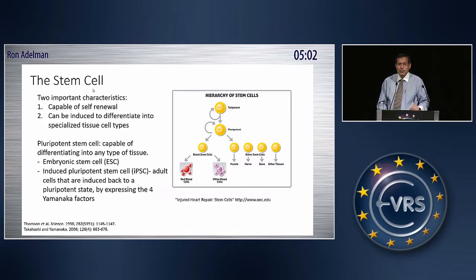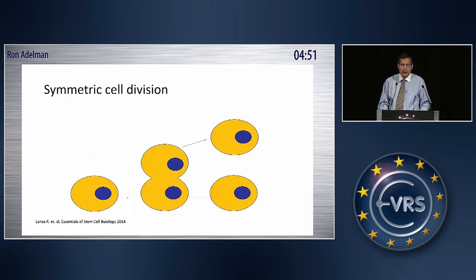So briefly speaking, stem cells are the cells that are capable of self-renewal and can be induced to different lines of cells. At the beginning, we have a symmetric cell division when we are at the level of 8 cells, the first 3 days of development of an embryo.